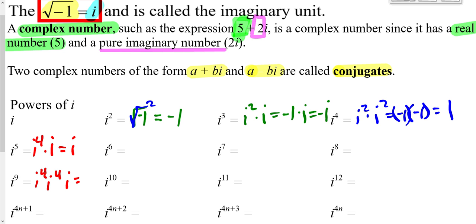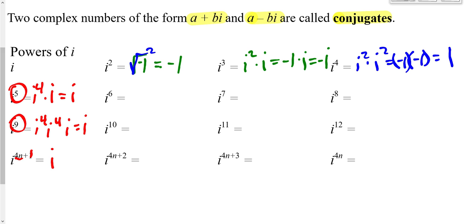Well, i to the fourth is 1 times another 1 times an i, which is another i. So in other words, if your exponent here is 1 more than a multiple of 4, it's always going to end up being i.